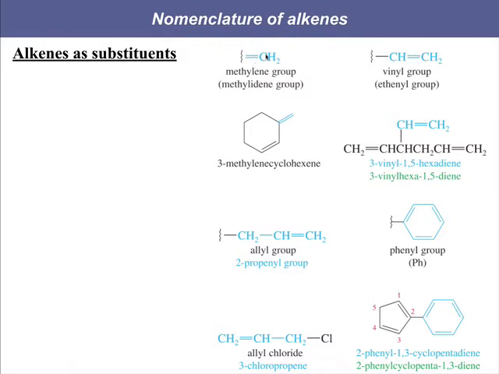Not just a double bond C, but a C double bond C coming off the main chain. For example, this structure here. Here we've got a 1, 2, 3, 4, 5, 6 carbon chain, and then we've got this thing coming off of that chain. We can't include this as the main chain. We can't go 1, 2, 3, 4, 5, 6.